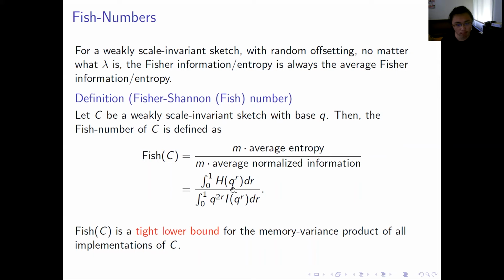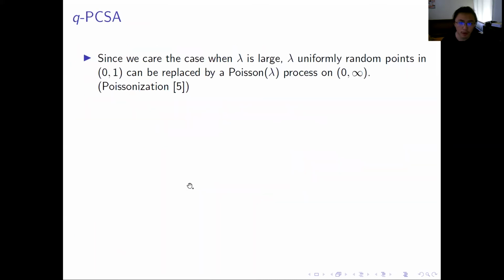So now we can head on to compare, for example, HyperLogLog and PCSA using this Fish number measurement. Before that, let's try to formally define QPCSA. We care about the case where lambda is large, and when lambda is large, lambda uniformly random points in 0 and 1 can be replaced by a Poisson lambda process.